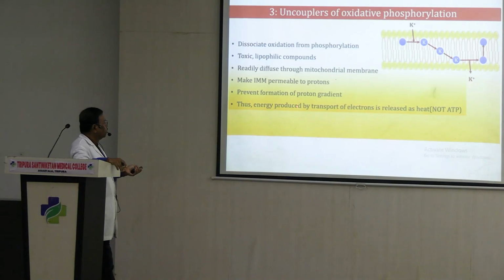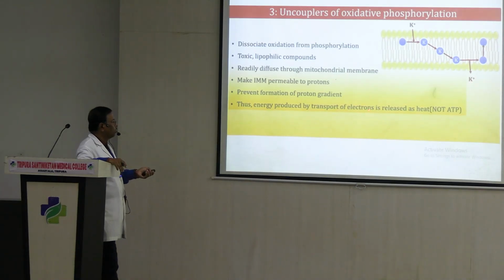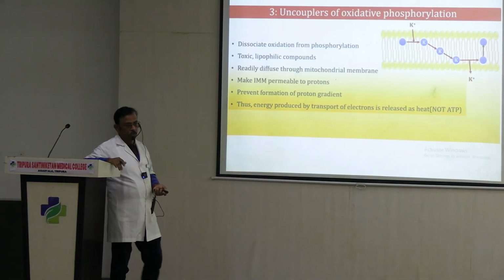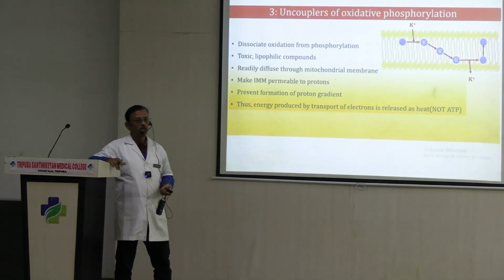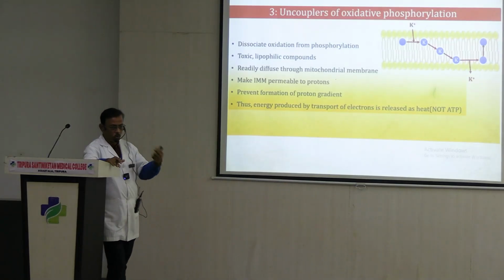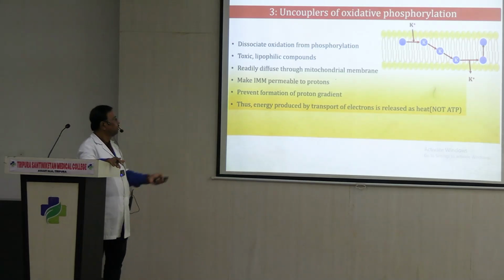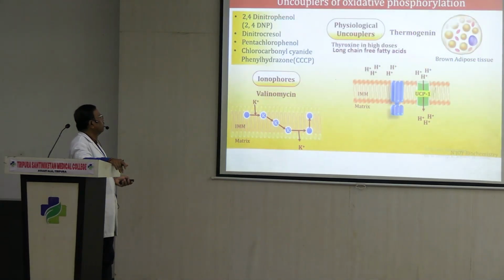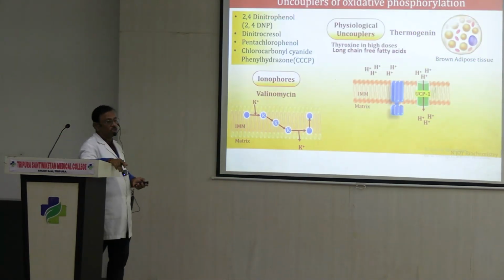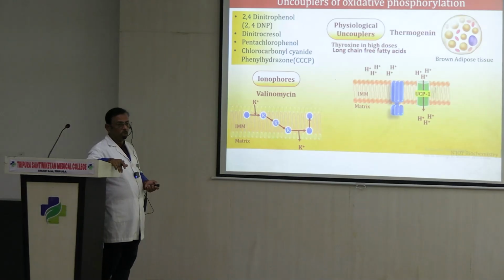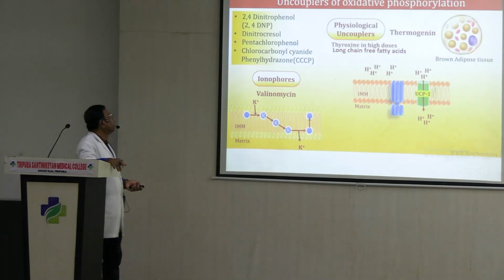The energy produced by the transport of electrons is released as heat, not ATP. So ATP is not formed, the proton gradient is dissipated, and heat is released. But this generation of heat is many a time necessary.